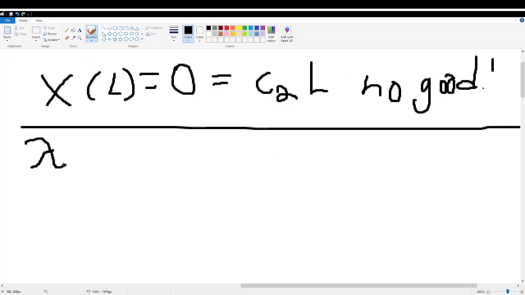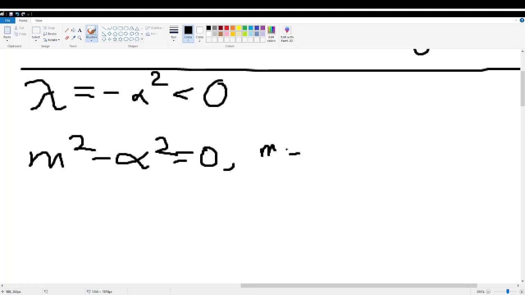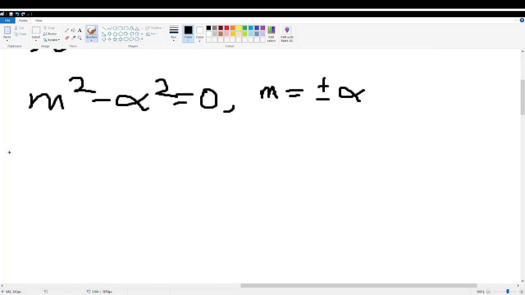Let's try the case where lambda is equal to minus alpha squared, which is less than 0, right? We're going to get our auxiliary equation m squared minus alpha squared is equal to 0, which means m is equal to plus or minus alpha. So our x is going to look like what?